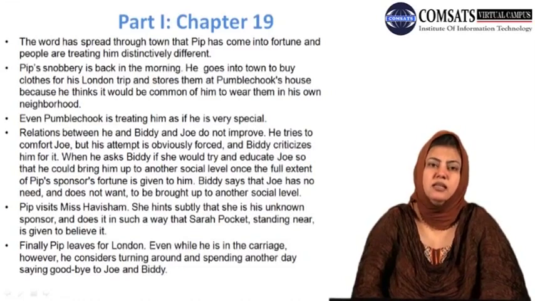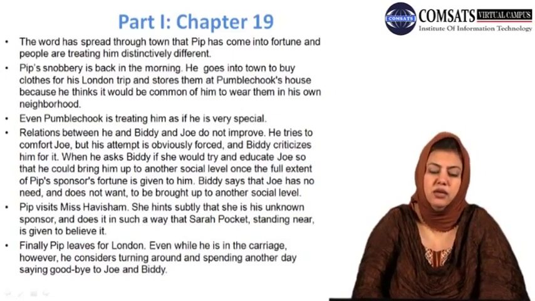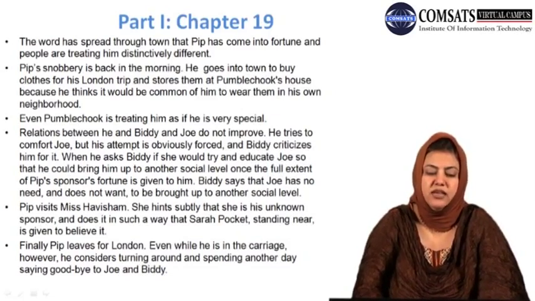Now that he's going to have a fortune, now that he is going to be more educated, it is his snobbish and selfish thinking that makes him feel that to meet the standards of future Pip, Joe needs to get some more education. However, since Biddy doesn't agree and says that Joe is not ready for that, Pip is disappointed.